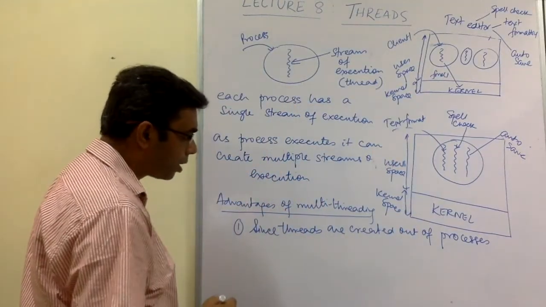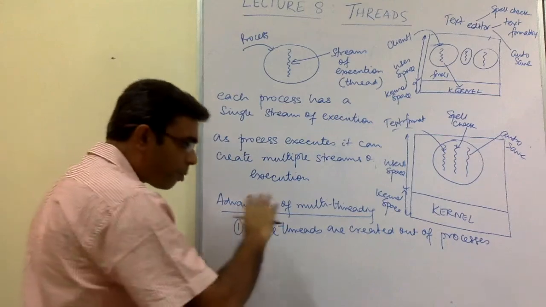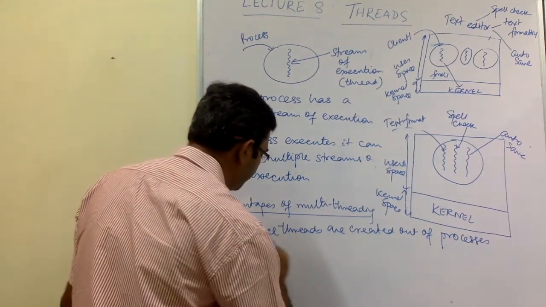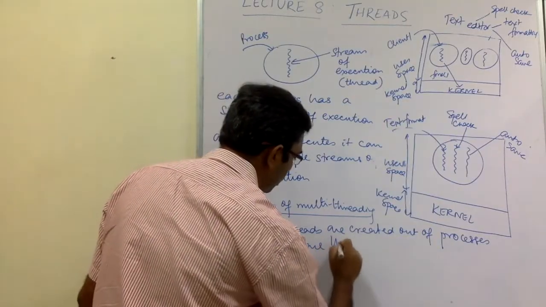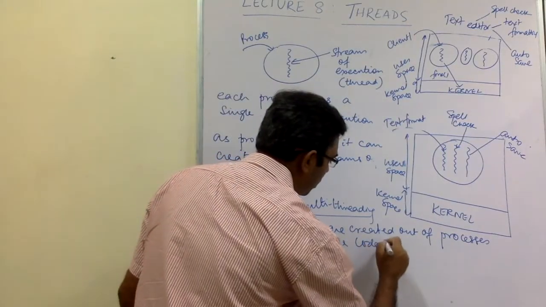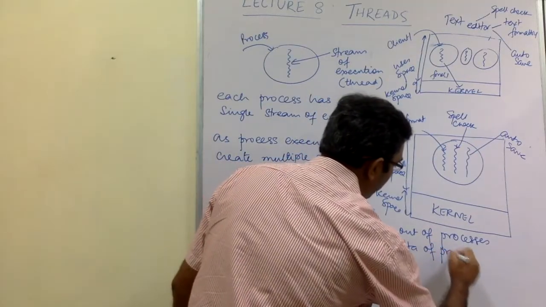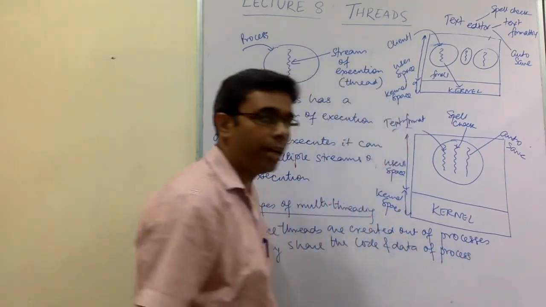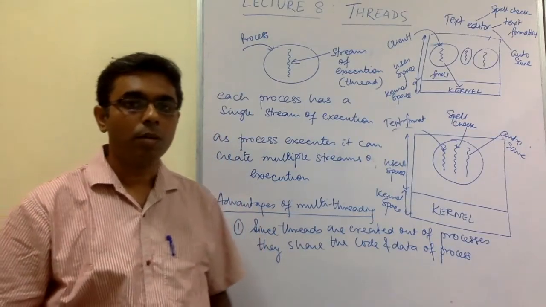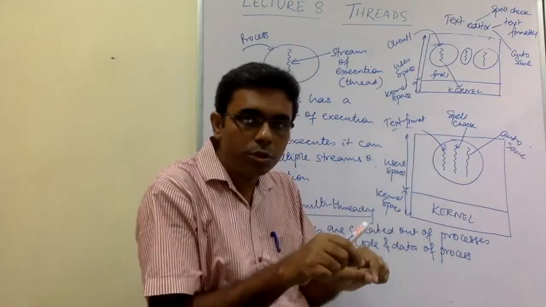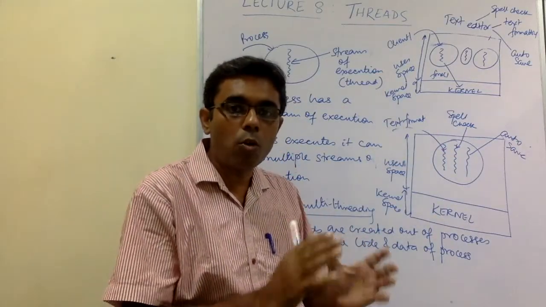Most importantly, since threads are created out of the process, they share the code and the data of the process. That's very, very important. We just split this up into 3 streams of execution. The overall code is still the same.